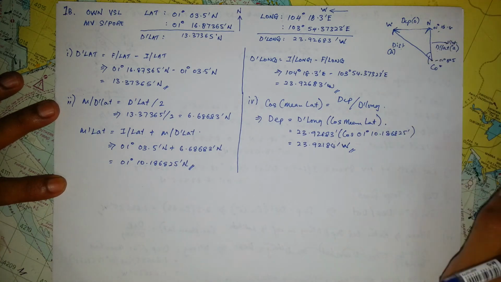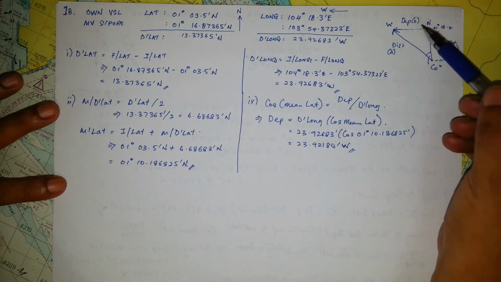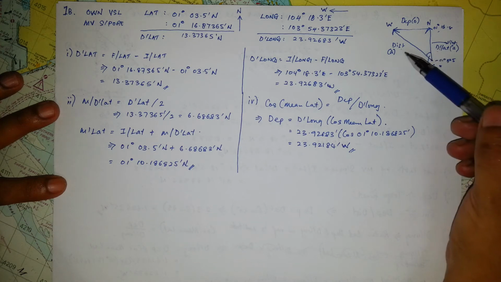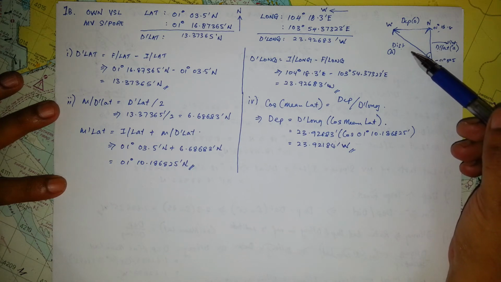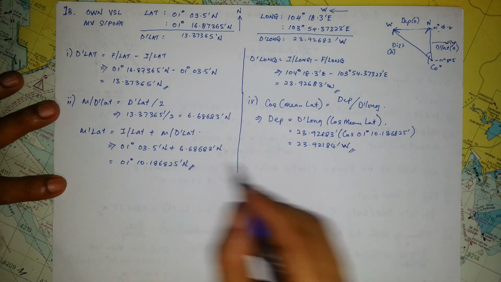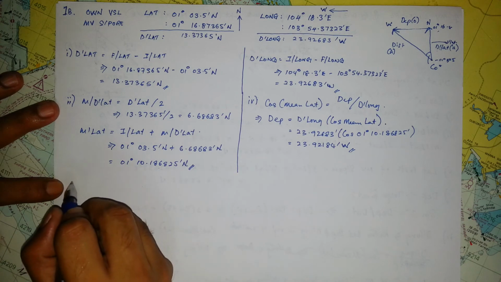Now we have the departure. Now we have the D lat, and we can apply our trigo functions to find the others. So D lat, D long, that leaves us with the course and the distance. Next we will find the course.